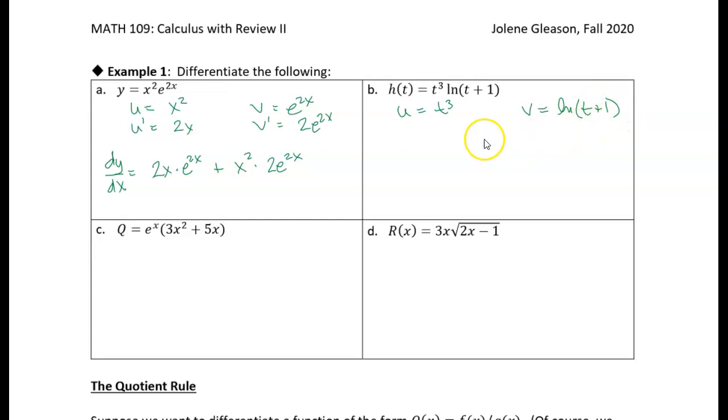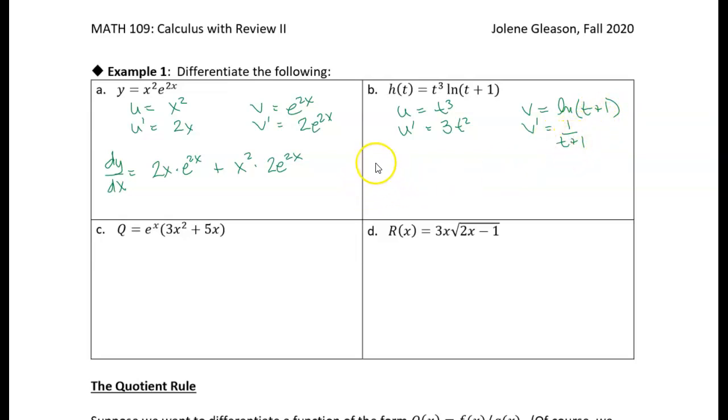Okay, I need the derivative of the first, u prime, which is just going to be 3t squared using the power rule, and I need the derivative of the second. So I'm going to get 1 over t plus 1. Now, technically, I should use the chain rule on this, but when you take the derivative of t plus 1, you just get 1. So that's it. That's the derivative of the second.